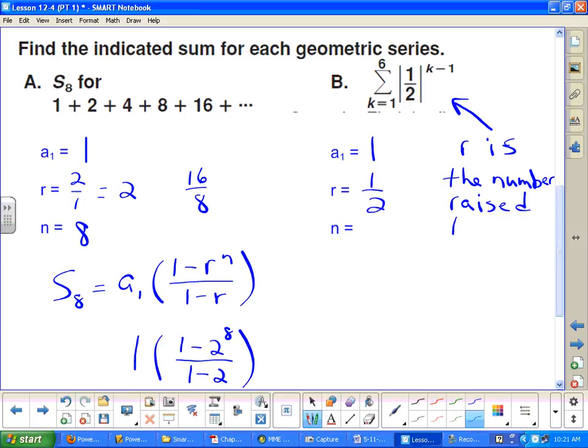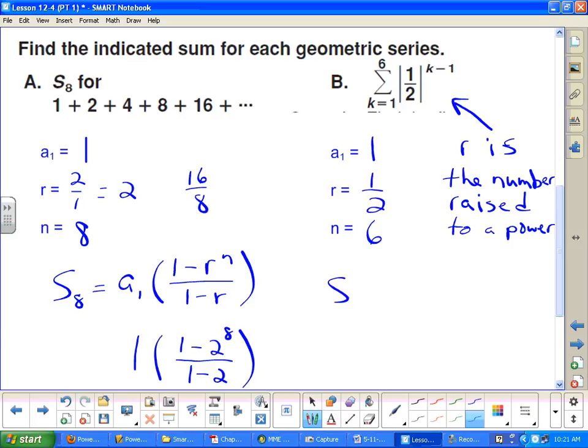R is the number raised to the power, and n in this case is, how many terms are we adding up? 6, because 1 to 6, so we're adding up 6 of them.